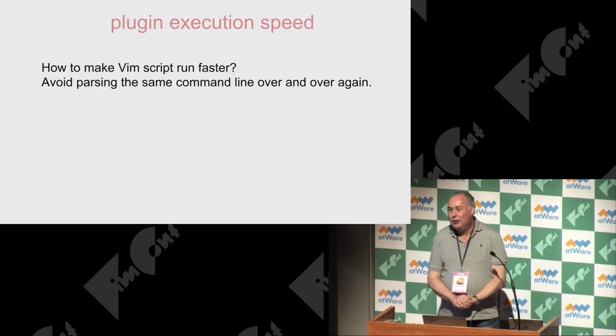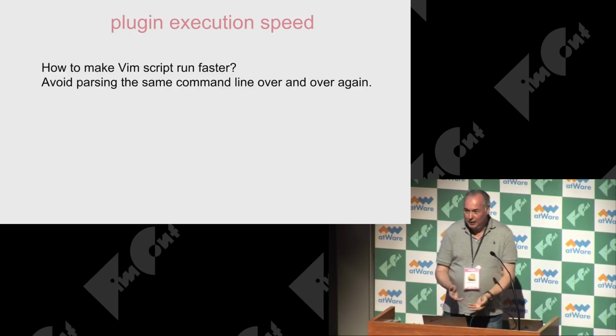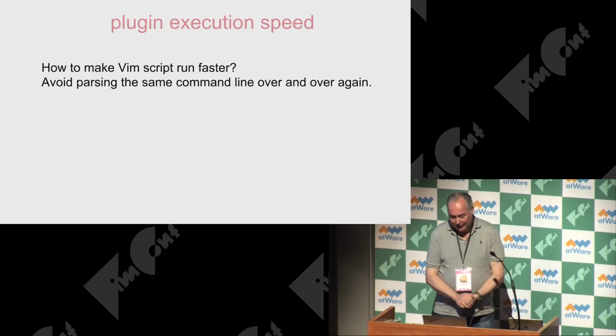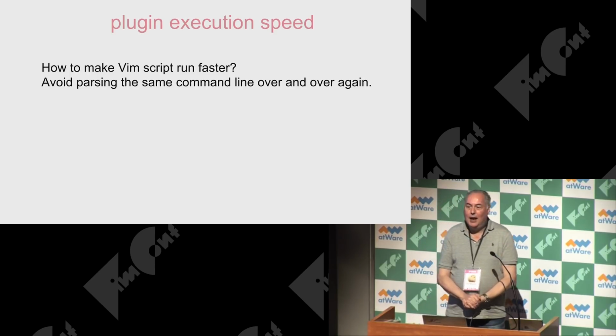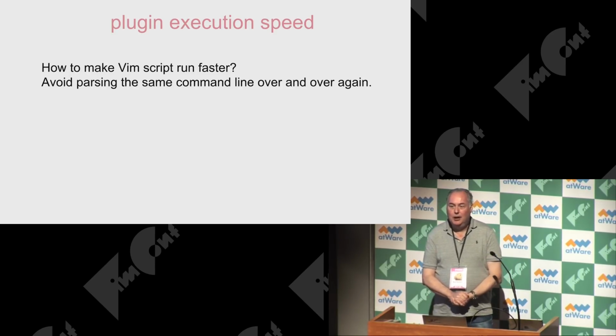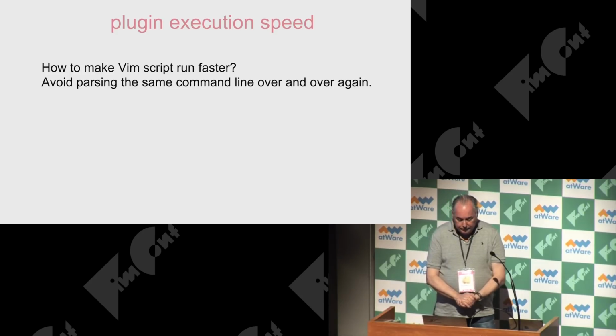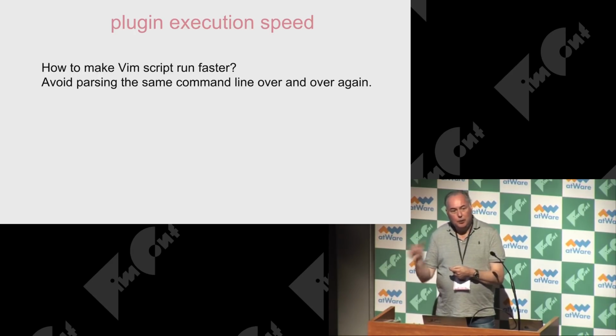Okay, so back to making Vim script faster. How do we do that? I think there's still a lot of things we can win. First of all, if you define a function, every time the function is executed, it will parse those lines over and over again.